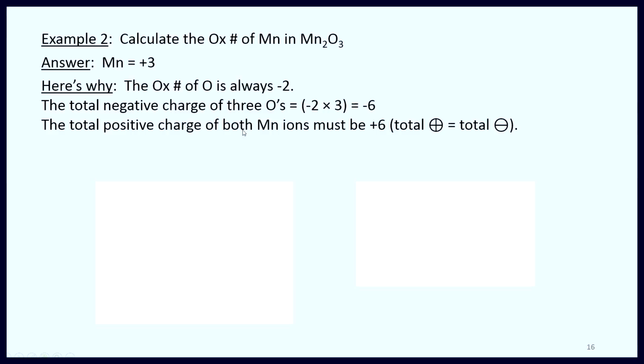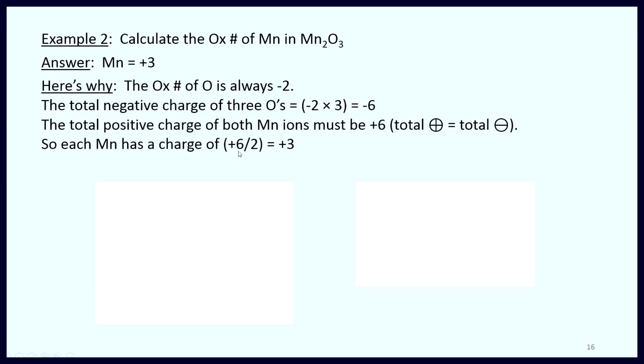And so the total positive charge for both manganese ions must be +6, because the total positive charge is equal to the total negative charge for neutral compounds. This compound is neutral. There's no charge shown on it. And so each manganese has a charge of +6 divided by 2, or +3.